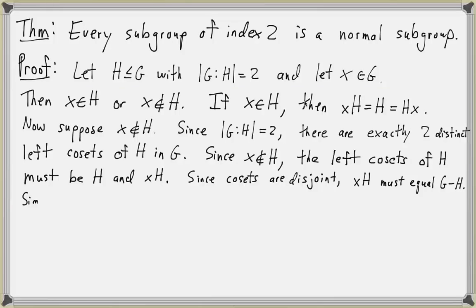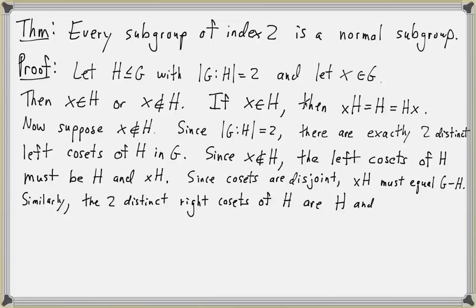Well, similarly, there are two distinct right cosets of H, and the two distinct right cosets of H have to be H and HX for the same reasons.